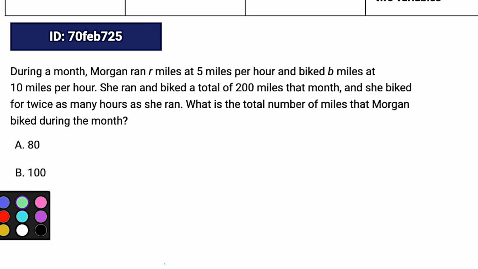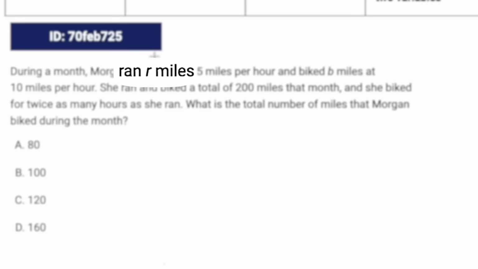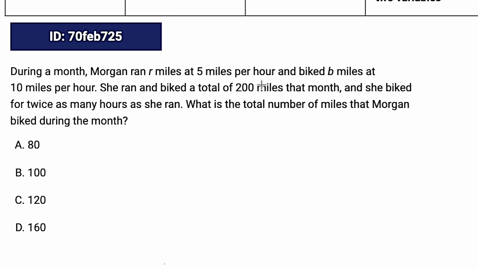This one is not even immediately obvious that it's a system of equations, but as you start reading, you can figure it out, because systems of equations are usually two different categories of things. For example, we've got R miles versus B miles, biked miles versus ran miles, and each of those has its own value attached to it.